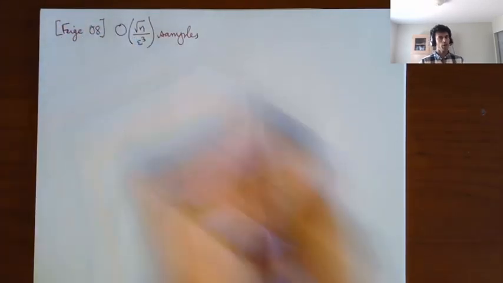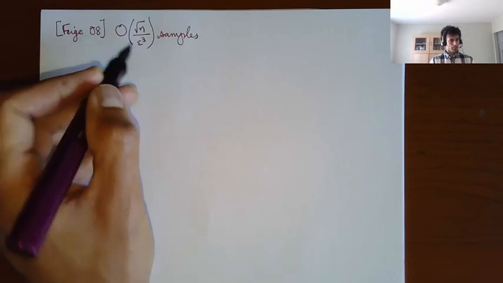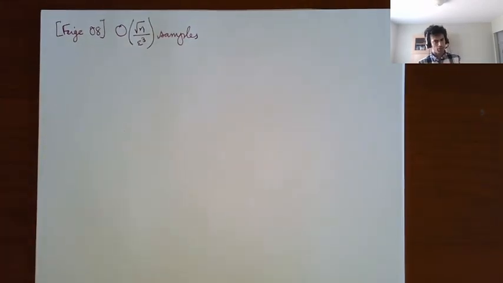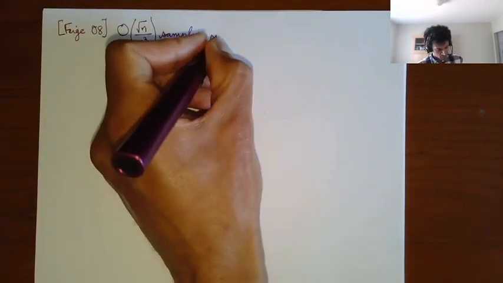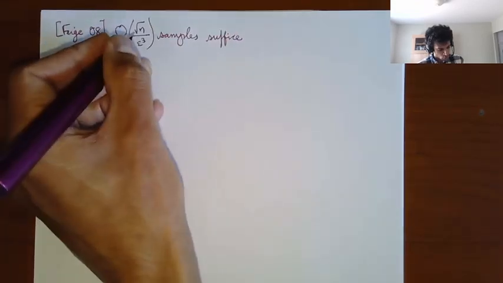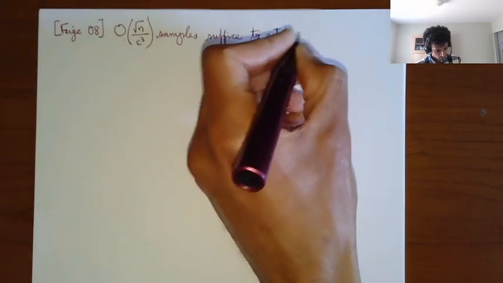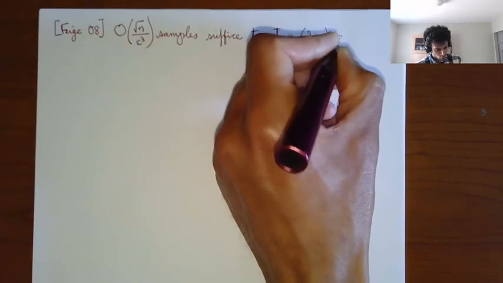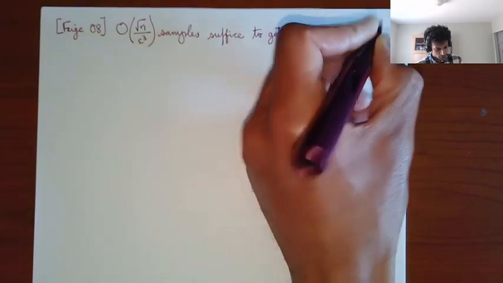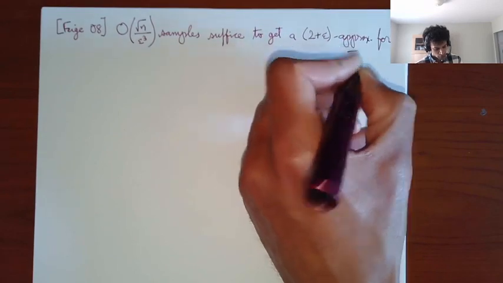By ignore, I mean I'm not going to optimize. You can actually get something better than epsilon cubed, but let me just put epsilon cubed for the theorem statement. So root n samples suffice to get a 2 plus epsilon approximation for the average degree.